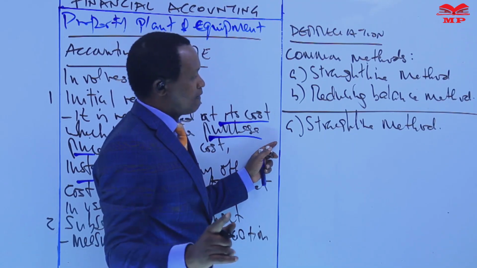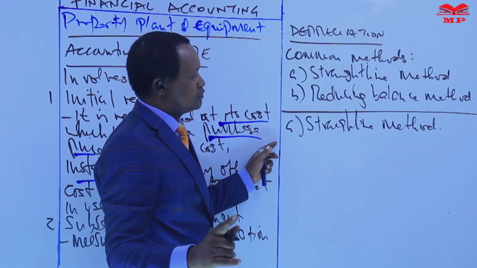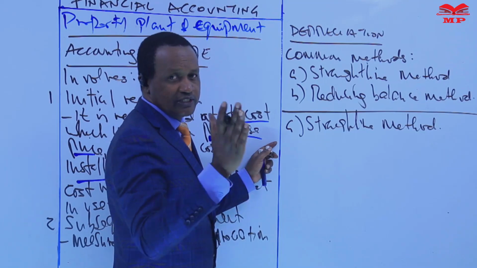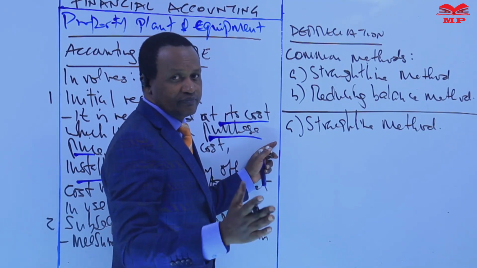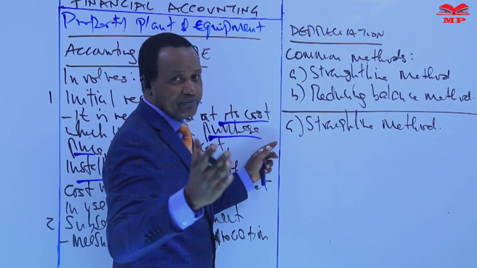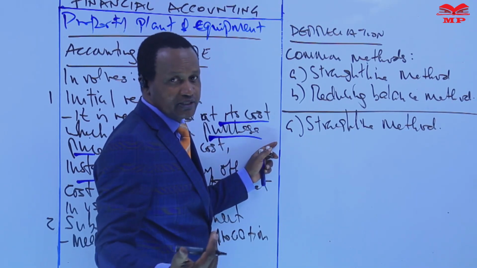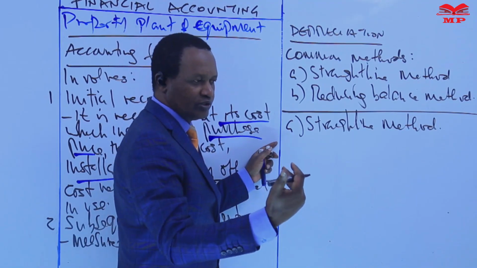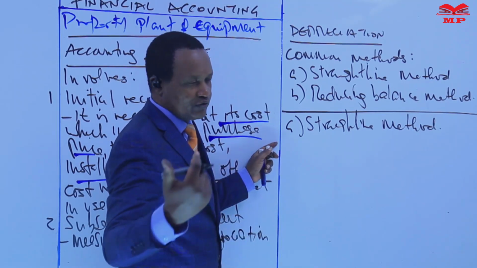You understand? It is uniform. It is the same. The method allocates the same amount of depreciation expense to each period throughout the life of the asset.